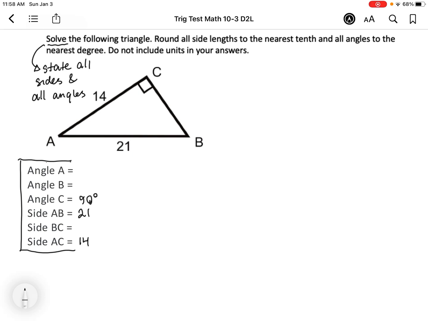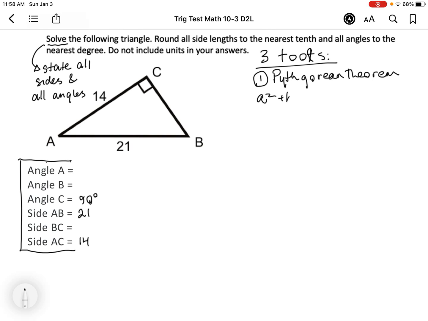Okay? So the other thing that you need to remember about solving triangles is that you've got 3 tools. And they're not in any particular order. One of them is the Pythagorean theorem. Right? This is a squared plus b squared equals the hypotenuse squared. And we can use this to get the third side of a right triangle, if we know the other 2.